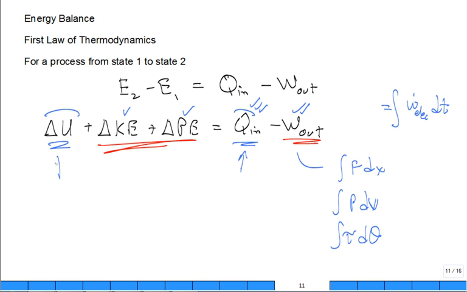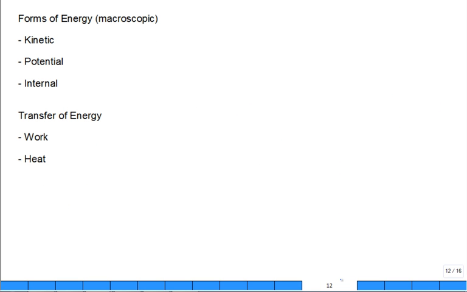And the new term is that internal energy, which is primarily a function of temperature and maybe another intensive property like pressure, and mass. So we have these forms of the energy. Kinetic energy would be 1/2 mv squared.